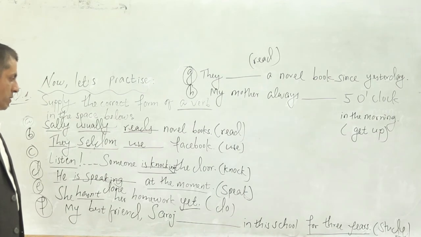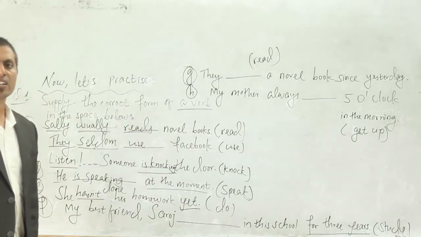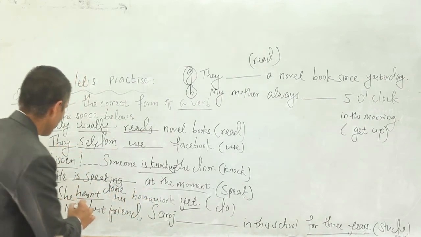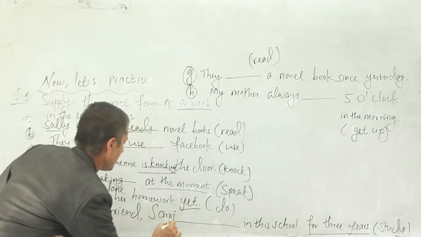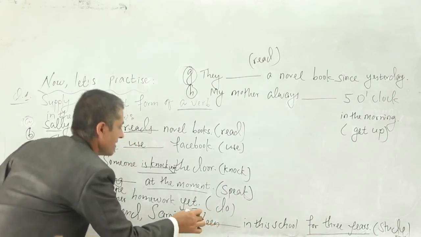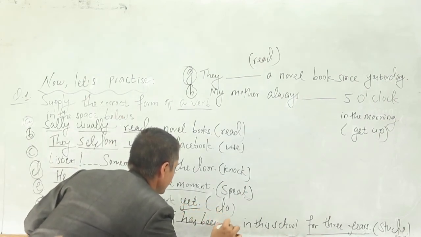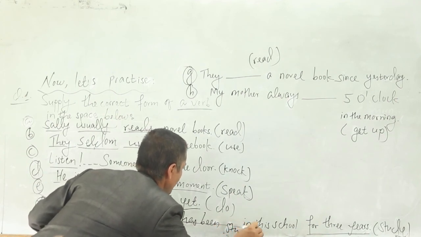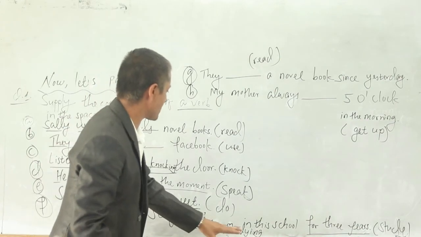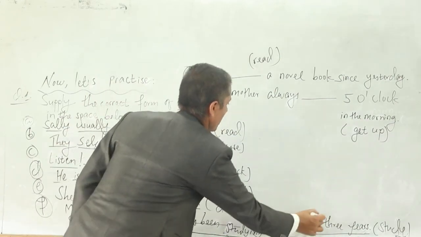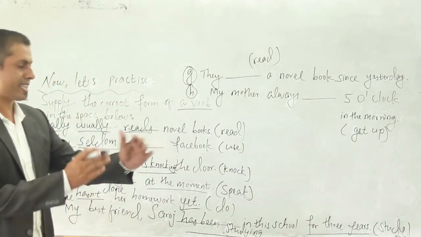So we should use present perfect continuous tense, as I told you. Then how do we change it? My best friend Sharoz has been studying, S-T-U-D-Y-I-N-G, in this school for three years. This is the length of time.